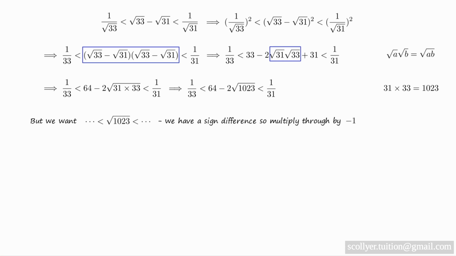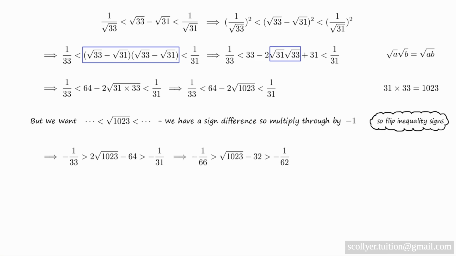And we see that we have a sign difference, so we have to multiply through by minus 1, which of course means that we have to flip the inequality signs. And on doing so, we produce these inequalities, which we can divide through by 2 to produce these inequalities. So we have inequalities involving root 1023 minus 32, and we can remove the minus 32 by adding 32 to every expression in these inequalities.